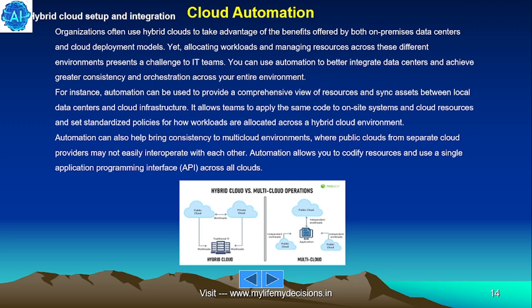Automation can also help bring consistency to multi-cloud environments where public clouds from separate cloud providers may not easily interoperate with each other. Automation allows you to codify resources and use a single application programming interface across all clouds.